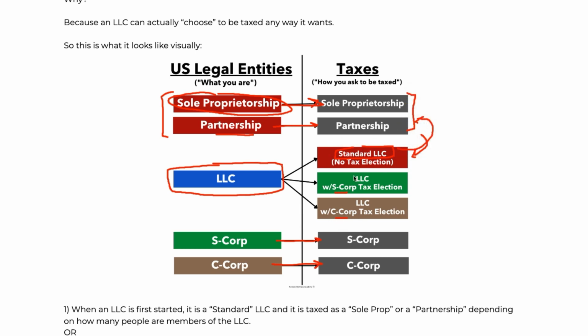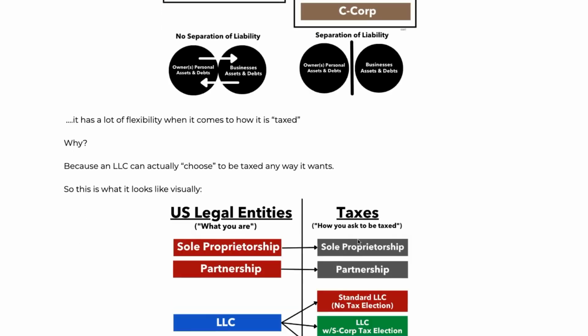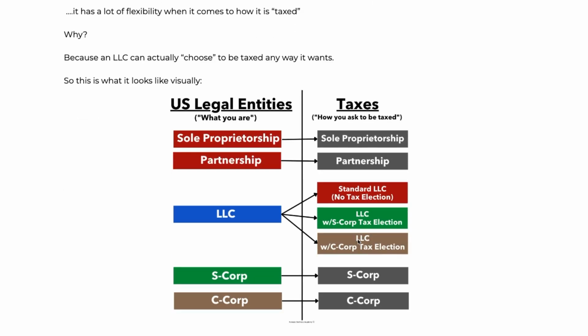So basically, even though the LLC is a corporation for the purposes of liability, it does have that separation, but for the purposes of taxes, it can be either a corporation or a sole prop. And literally all it is is a form that you send to the IRS, and they call it a tax election. That form that you send is called a tax election form.